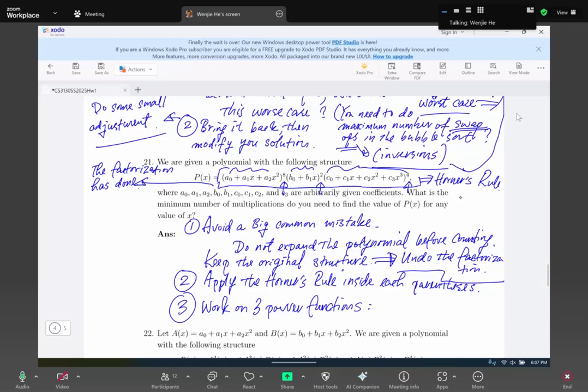What is the right way to work? All right. So let me tell you the strategy. Important strategy.